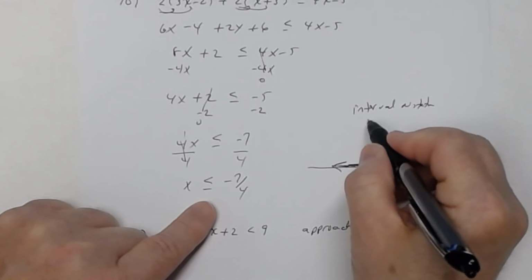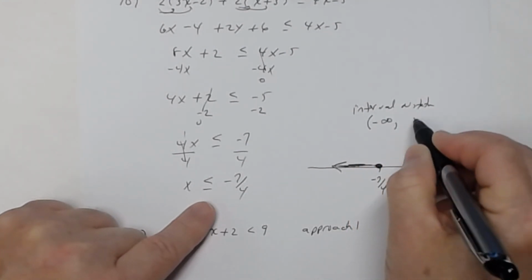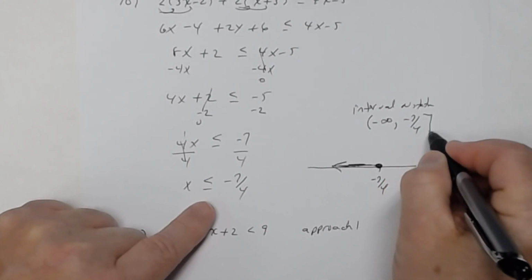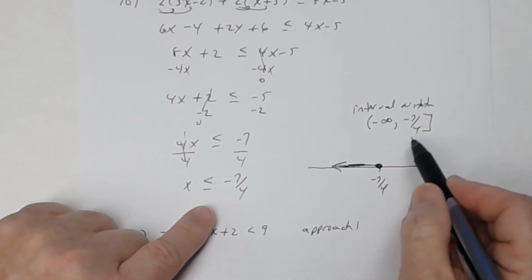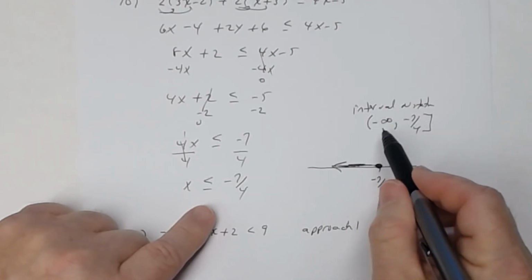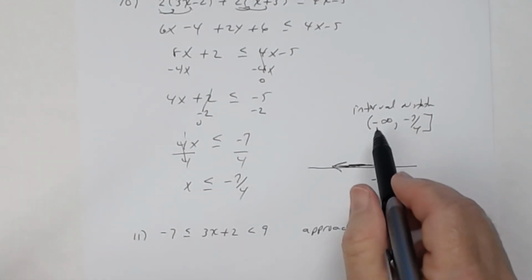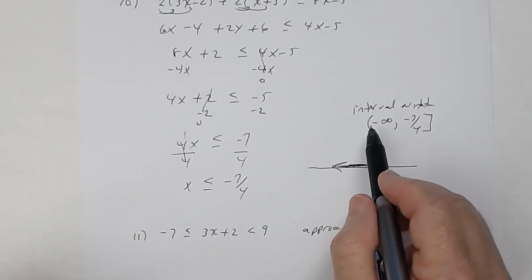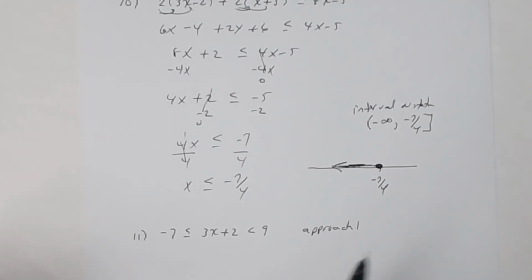So when you're writing the interval notation, you'll say parentheses, negative infinity, comma, negative 7/4 with a bracket, because negative 7/4, see that equal sign, is included. Whenever we use infinity or negative infinity, it's always a parenthesis. Now when writing interval notation, you need to make sure I can tell whether it's a parenthesis or a bracket. If I cannot tell, you're not going to get full credit.